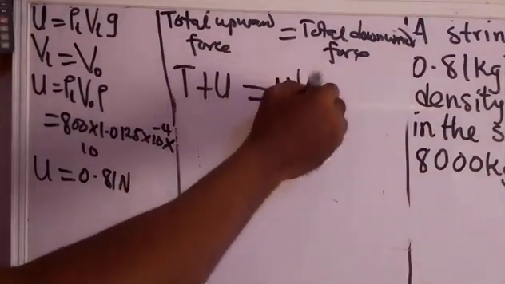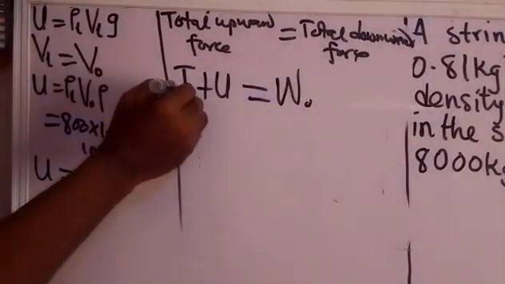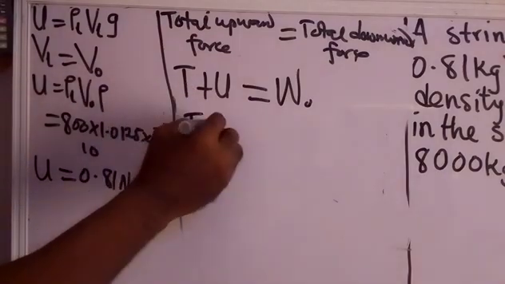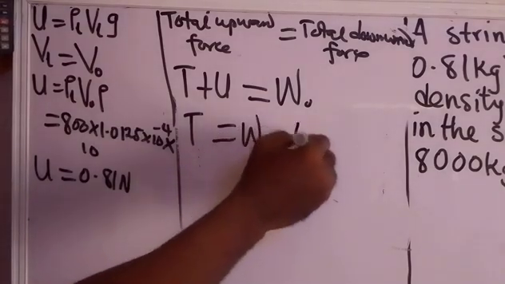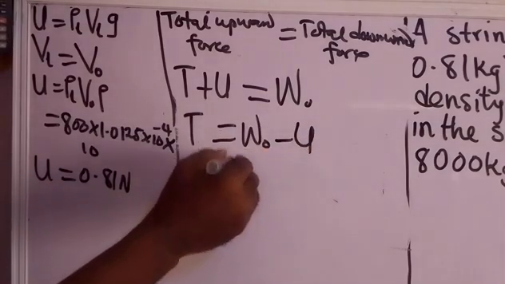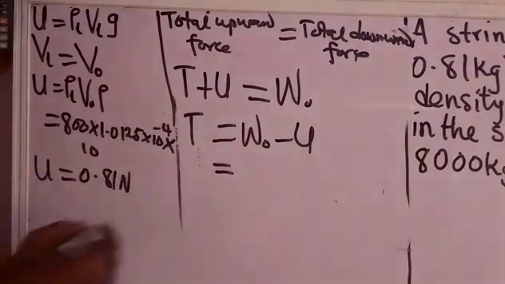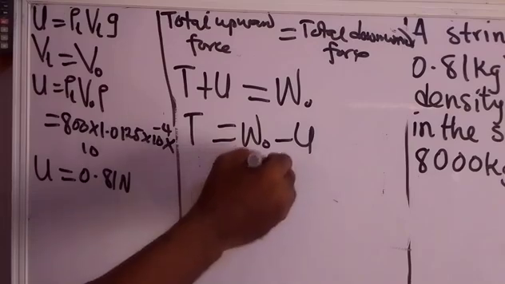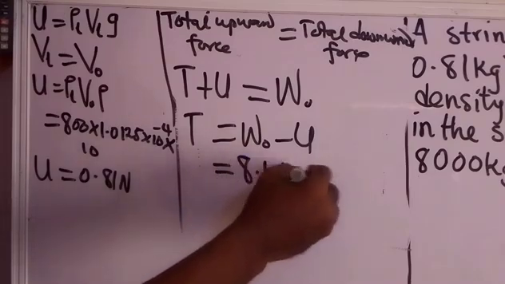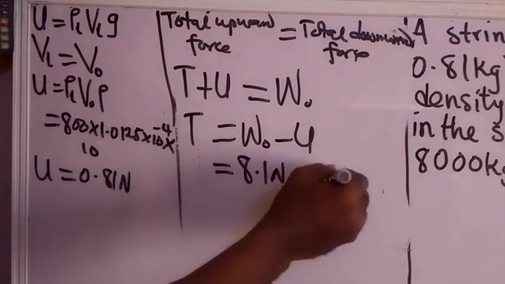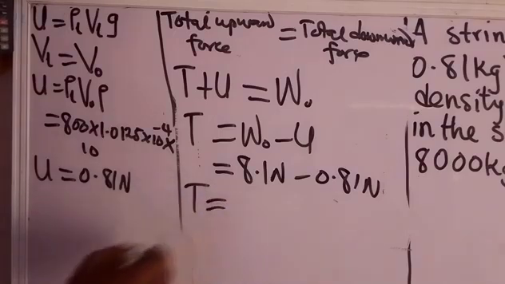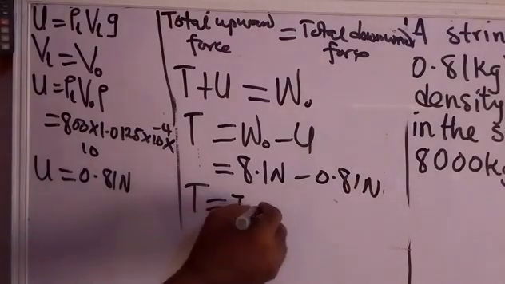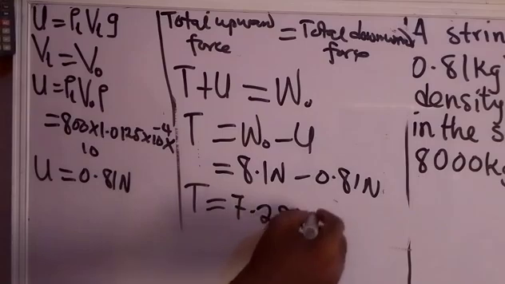Only weight of the object. So since we're looking for tension T, we make it subject of the formula. That has to be weight of object minus upthrust. At this moment, it's easy for us to substitute. We had weight of object as 8.1 Newton minus upthrust at 0.81 Newton. So that leaves us with tension as 7.29 Newton.